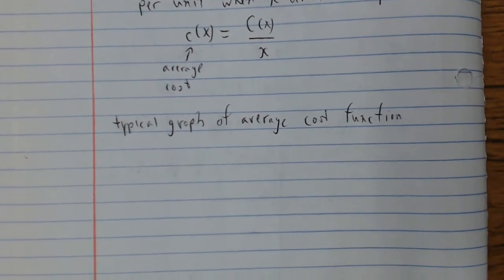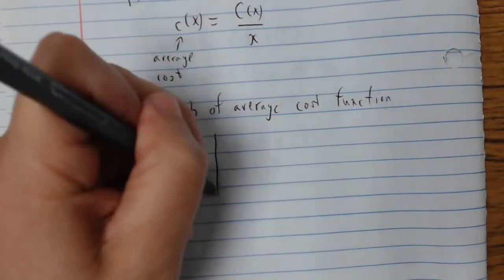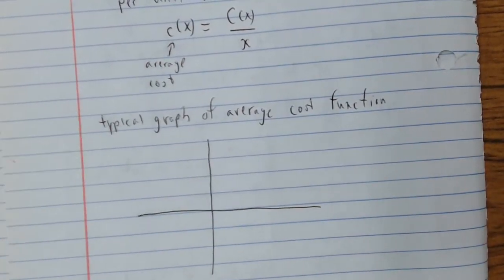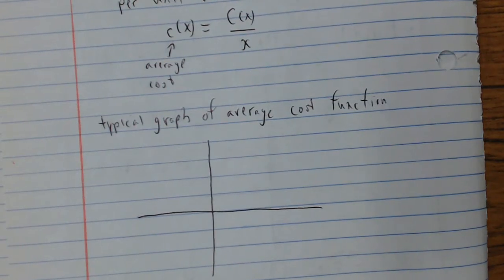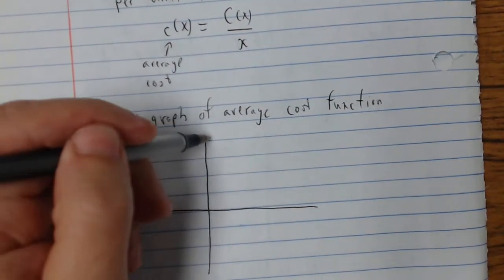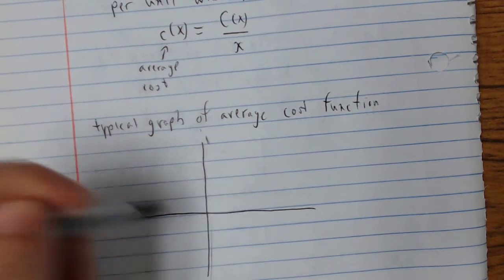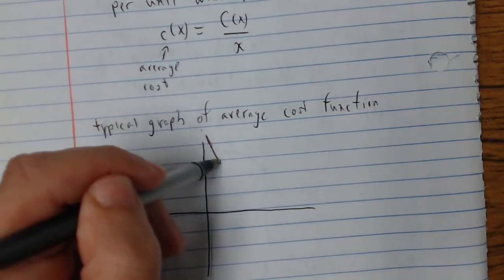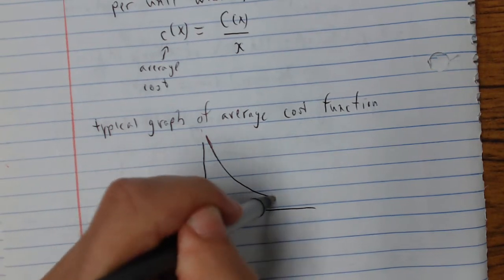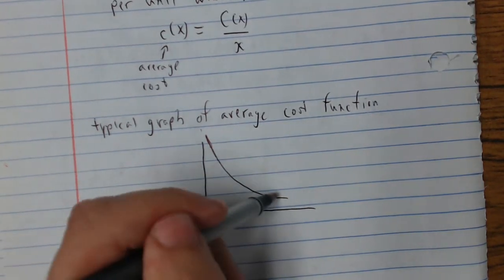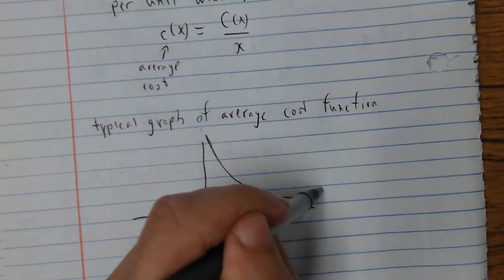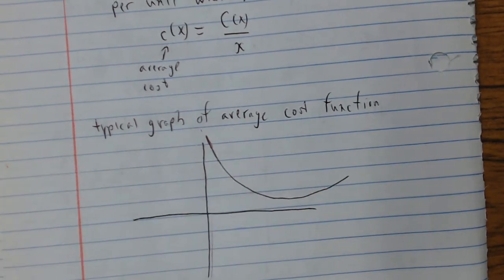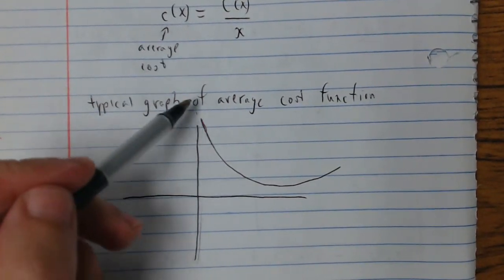In the beginning, to reduce your average cost, you have to start producing more of your product. Initially you have a vertical asymptote here, and then the more you produce, the average cost goes down. But then at some point, you hit your minimum, and then the average cost starts rising up again. So the typical average cost function looks like this.